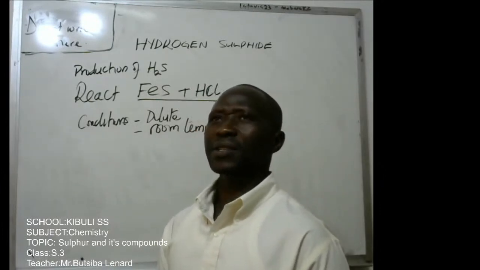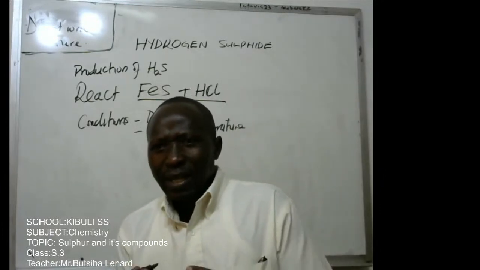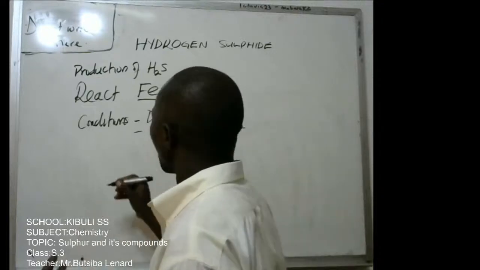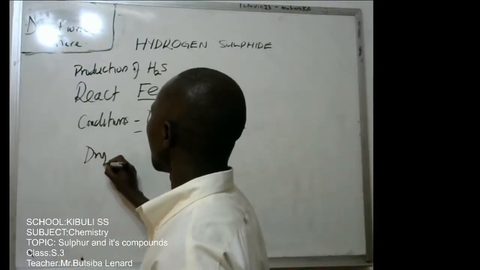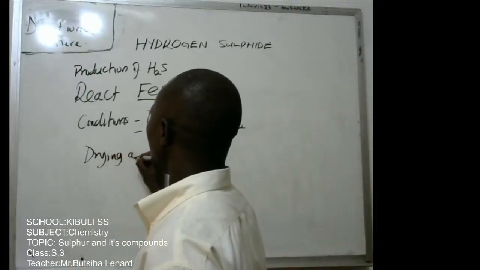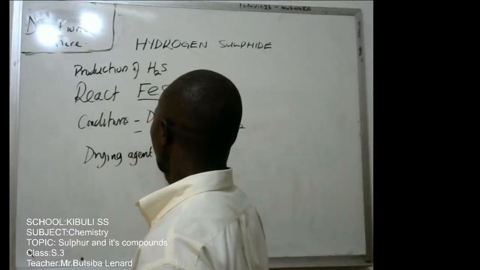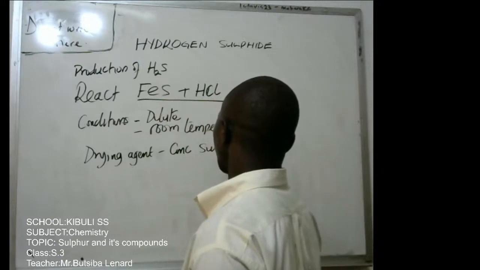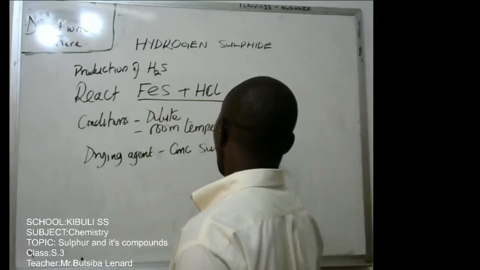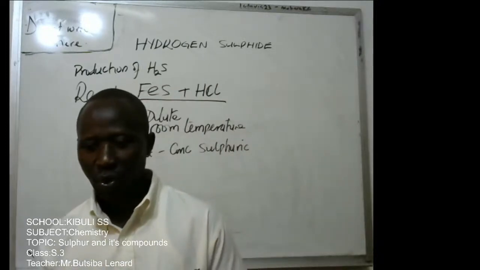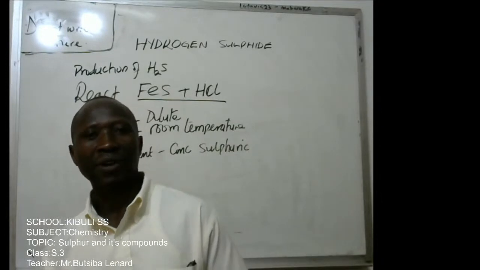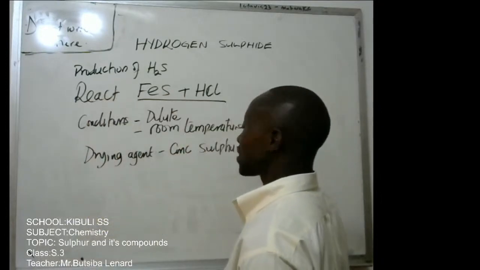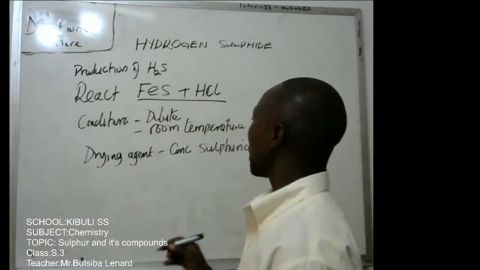What follows next? If we wanted a pure sample of the gas, our drying agent is expected to be concentrated sulfuric acid. And in our usual style, why do we use concentrated sulfuric acid? Because the acid is an acid, as you have heard.